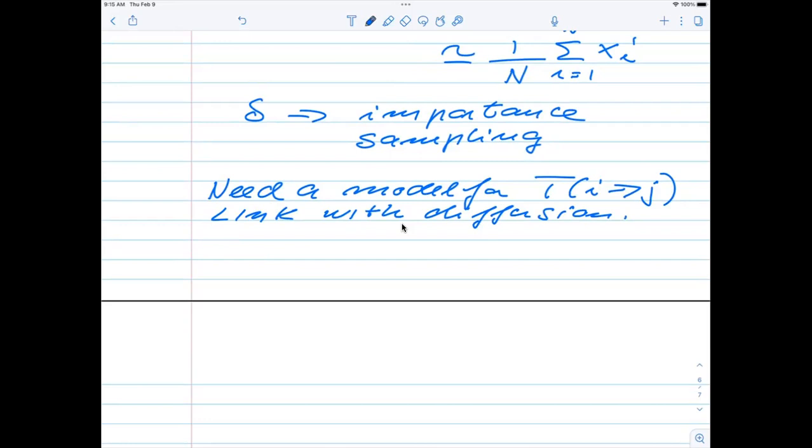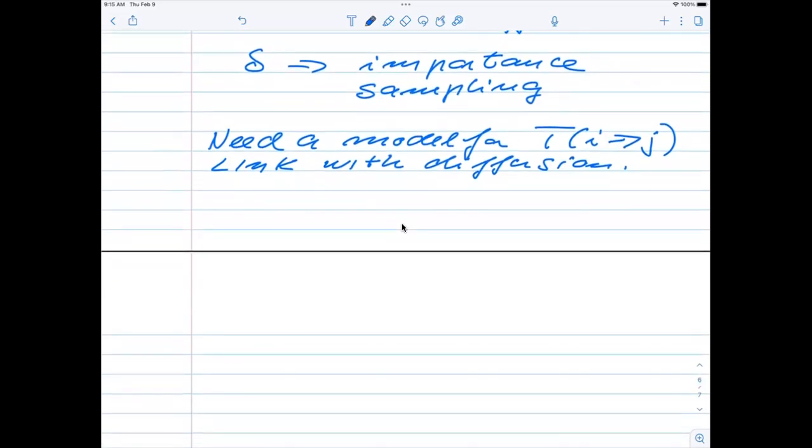If you go back into my lecture notes in computational physics, there is actually a derivation of the diffusion equation starting from a Markov chain. So Markov chains are processes which are intimately linked with diffusion. And then it is tempting to start with a model for this transition probability given by the physics of diffusion. So let's try to look at that and see what kind of probability distribution can come up. So suppose now that we look at the discretized case first.